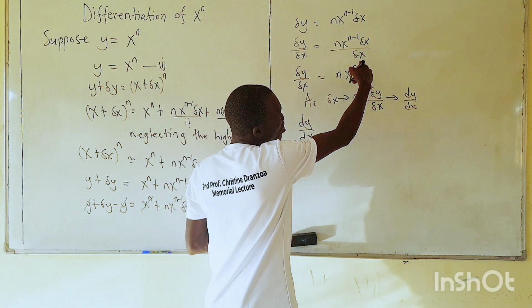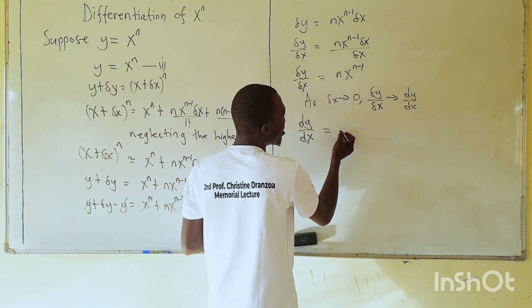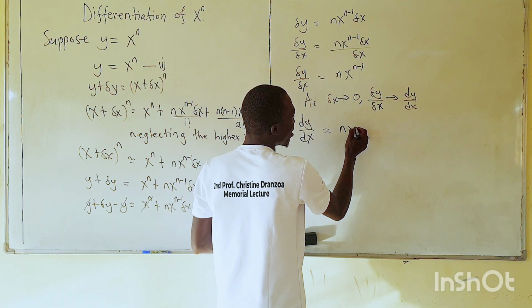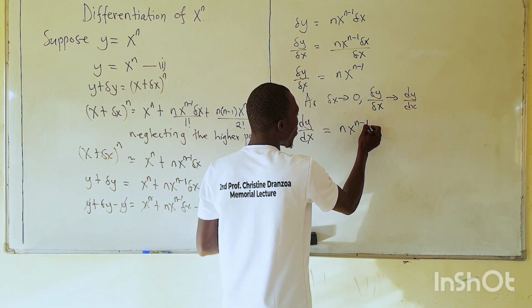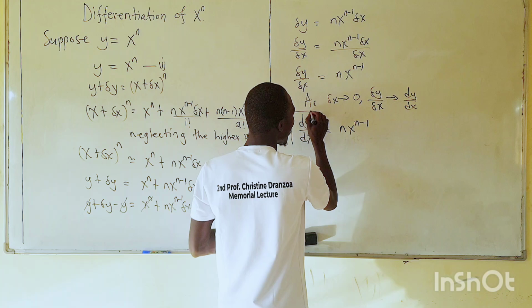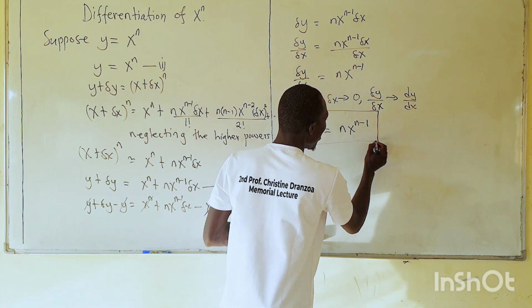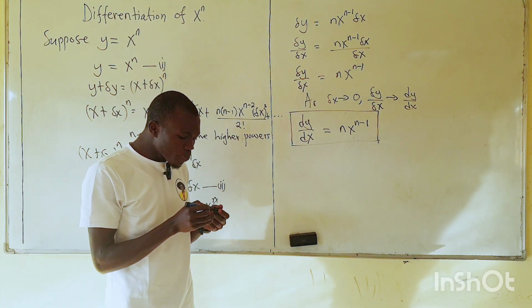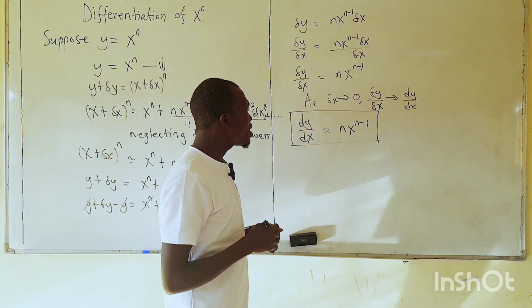And since this side we don't have delta x, it will remain the way it is, n x^(n-1). Now, this is what we call the general rule for differentiation. What does it mean?